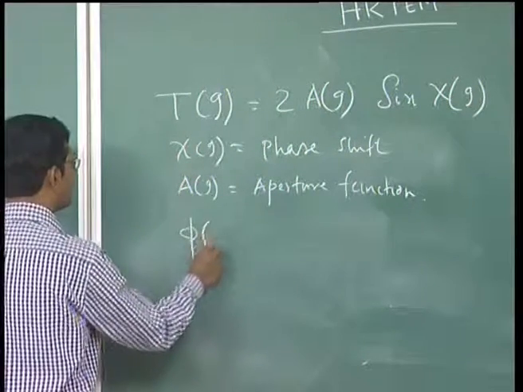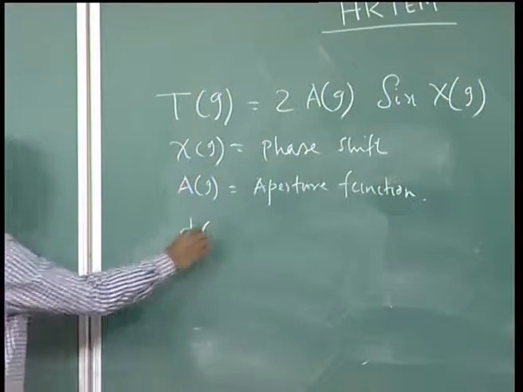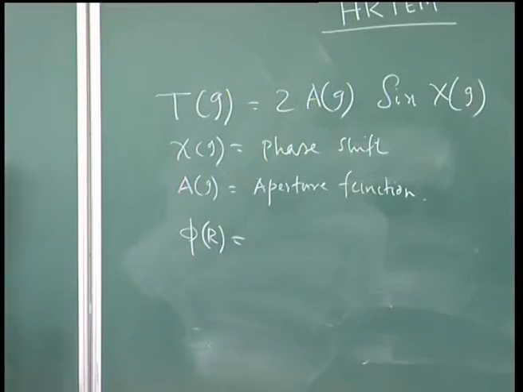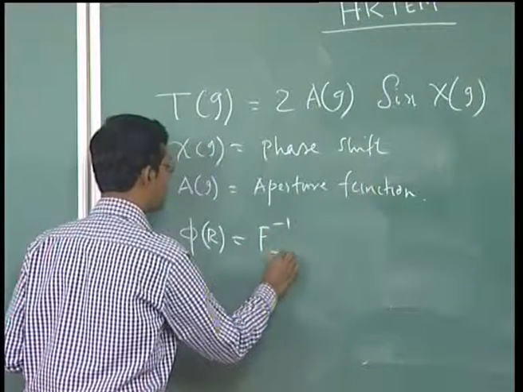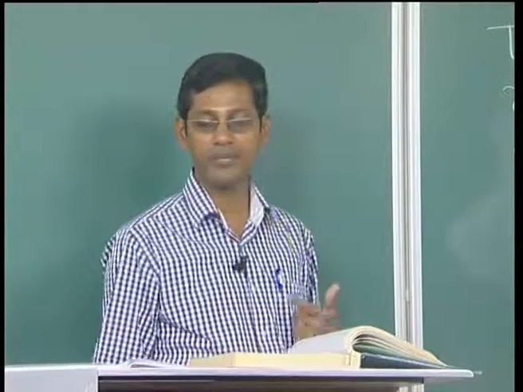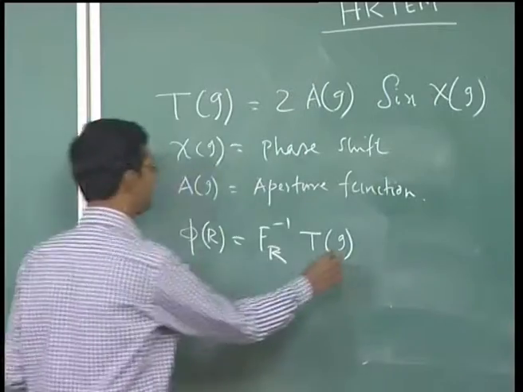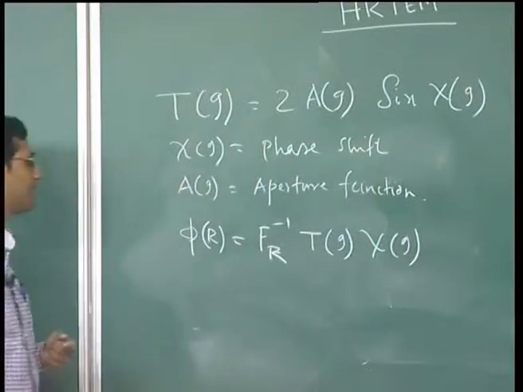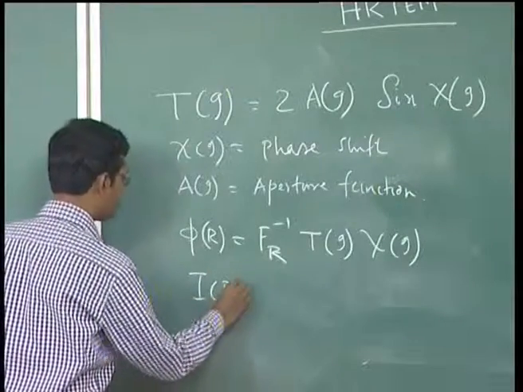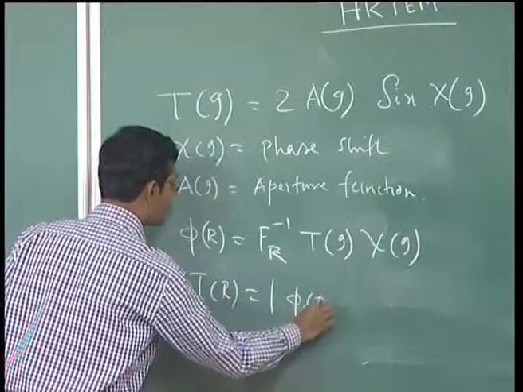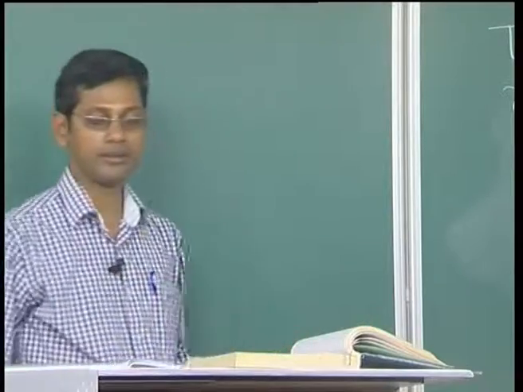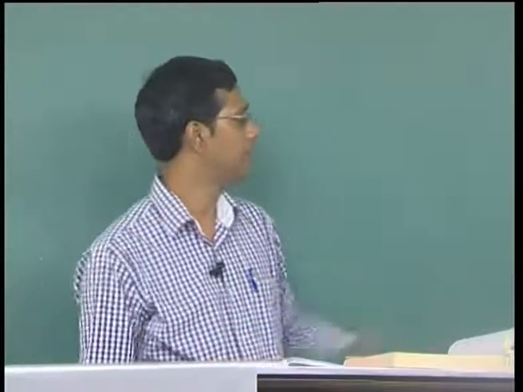The wave function in the image plane, ψ(r), can be written as the inverse Fourier transformation of the transfer function and the phase shift term, and the intensity obviously will be proportional to the square of the wave function, that we know. And this is a very simplified theory.